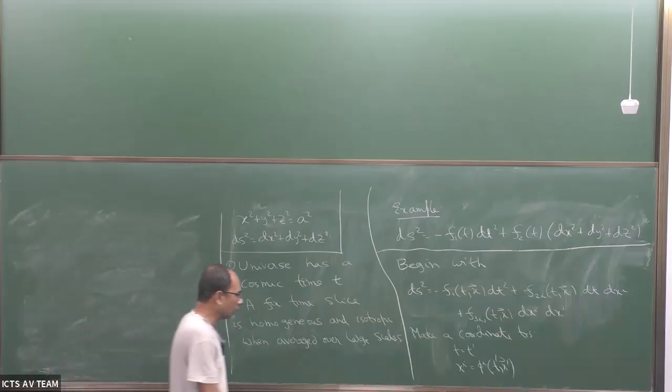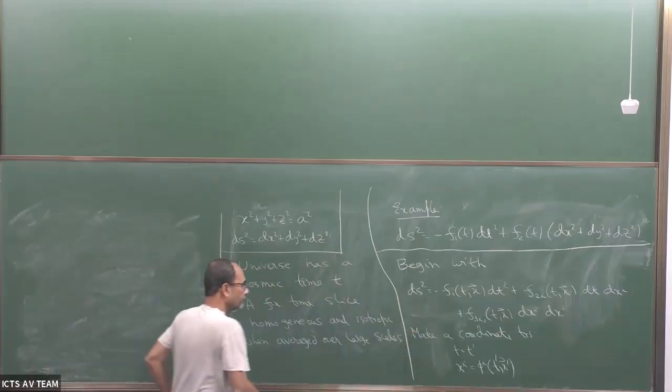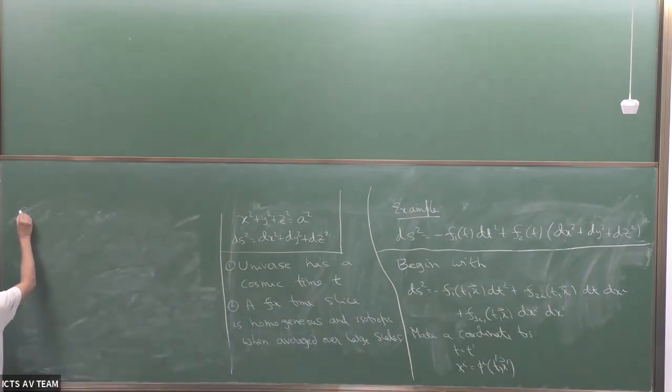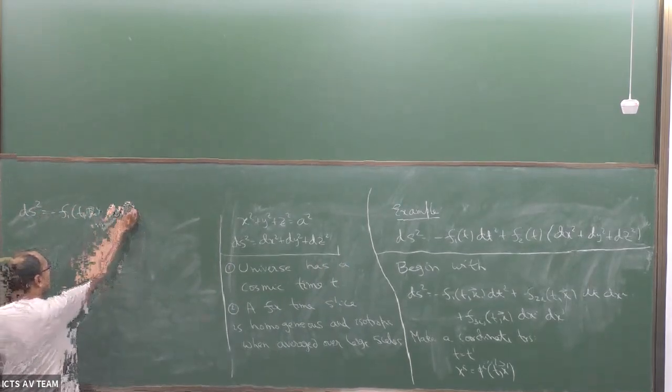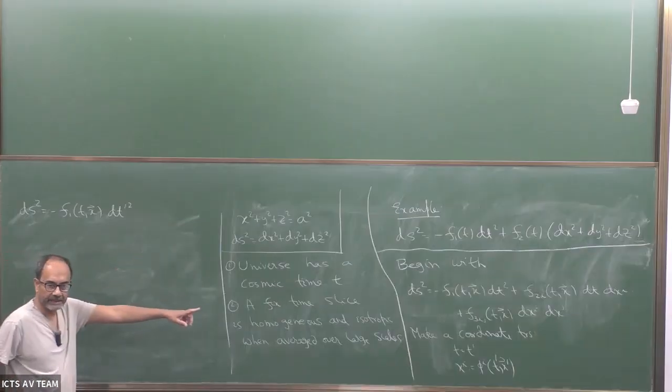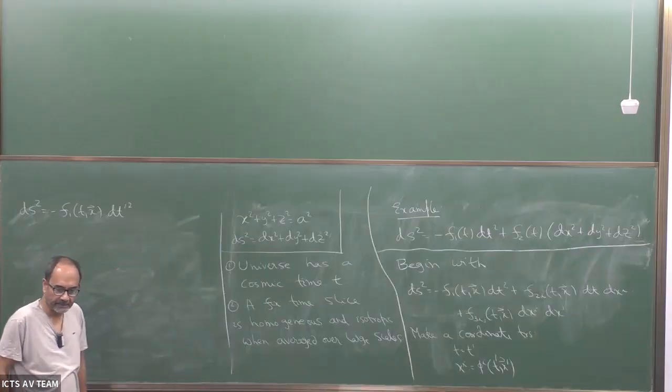So if we now substitute this here, then ds squared becomes minus f1(t, x) dt prime squared. This t and x of course have to be rewritten in terms of t prime and x prime, but that we can do.